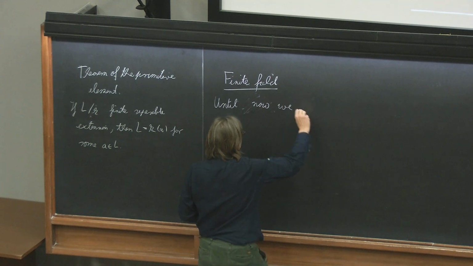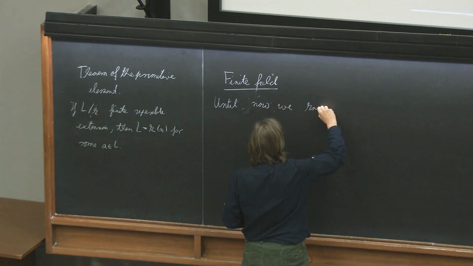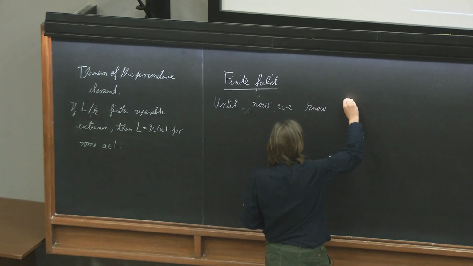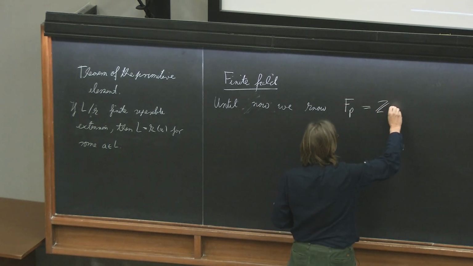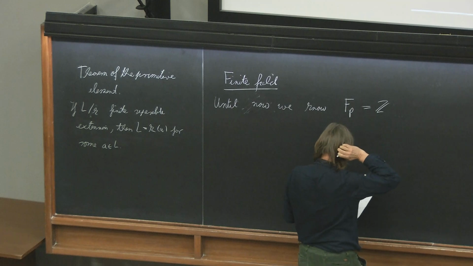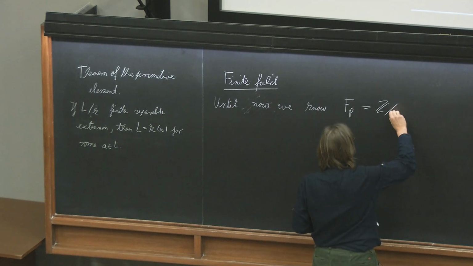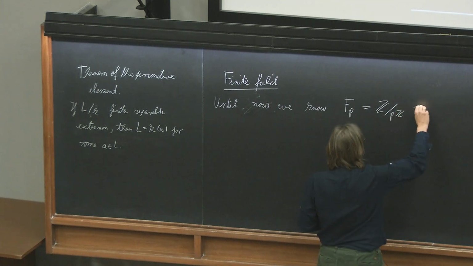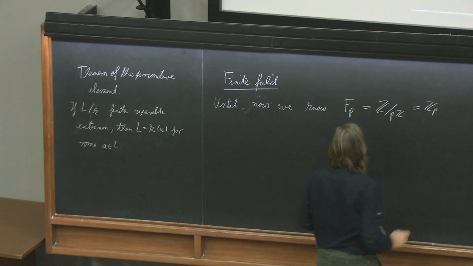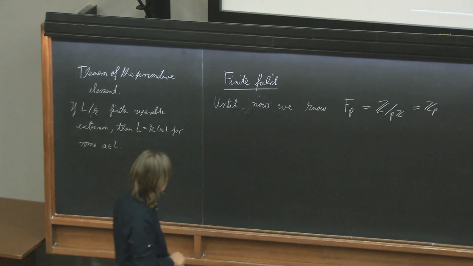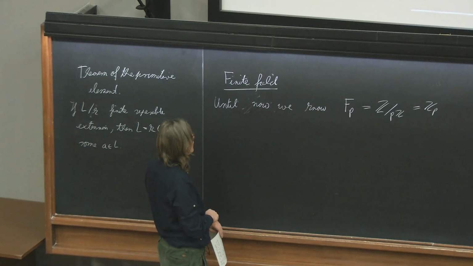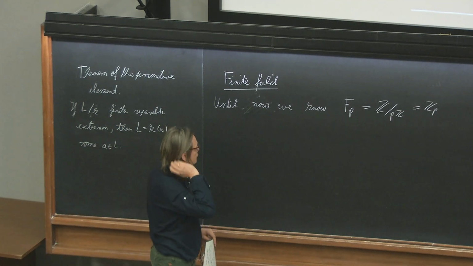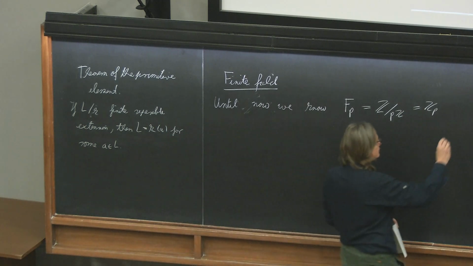We know the fields F_p, which is just Z modulo pZ, or Z_p, with addition and multiplication. And we want to claim that there are more such things, for p a prime number.